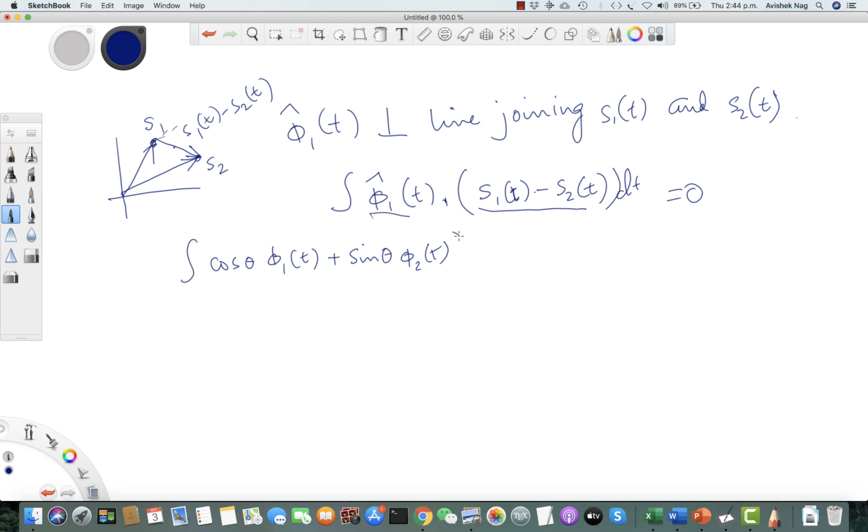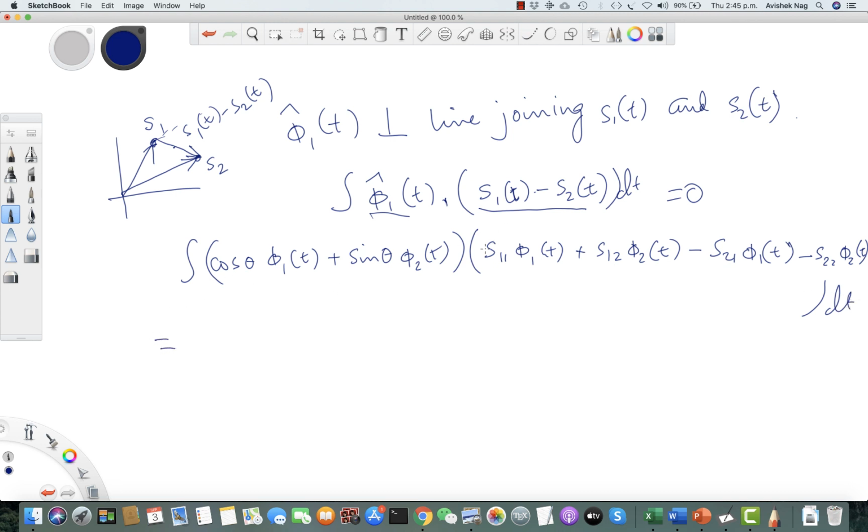And then you can write S1 as S11 phi 1(t) plus S12 phi 2(t), and S2 as S21 phi 1(t) and S22 phi 2(t). So this is the whole integral.